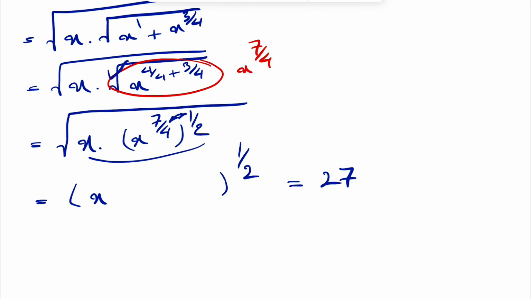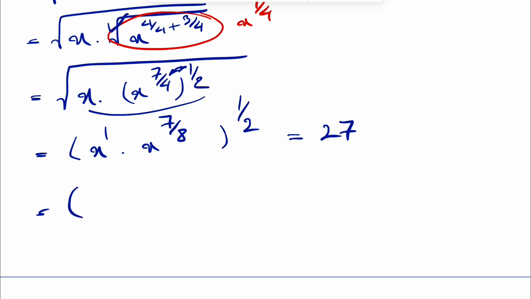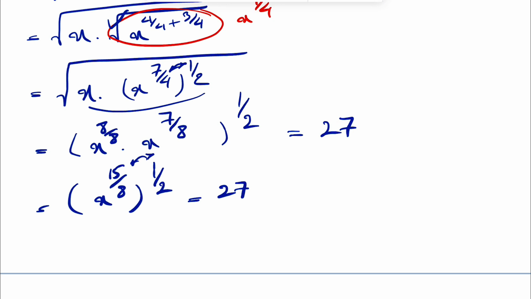So we're going to have x to the power of 1 times x to the power of 7 over 8, and we know 1 is 8 over 8, so we have x to the power of 15 over 8 all to the power of 1/2 is equal to 27, and we just have to multiply these two.